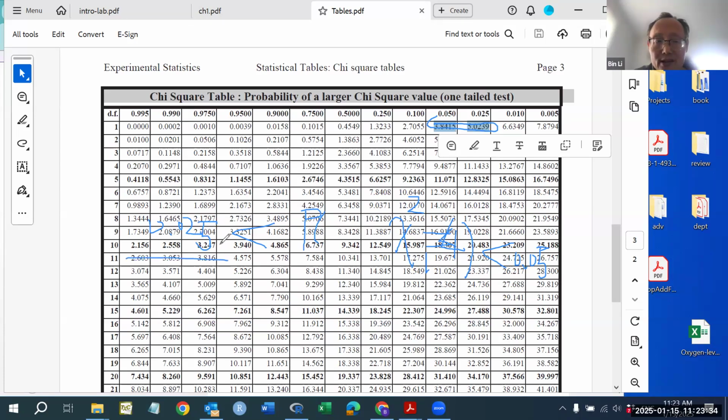It is bounded by 0.025 and 0.05. Is that clear? So this is the probability that the chi-square with 1 degree of freedom is greater than or equal to 4, and it is bounded by these two.